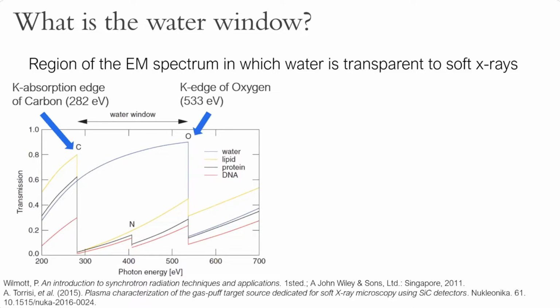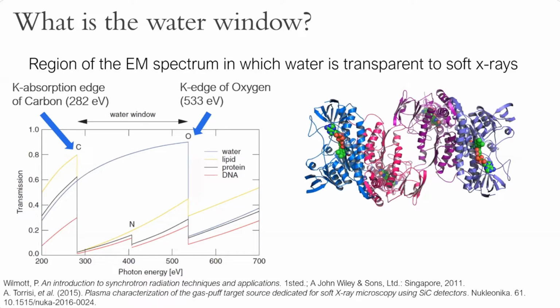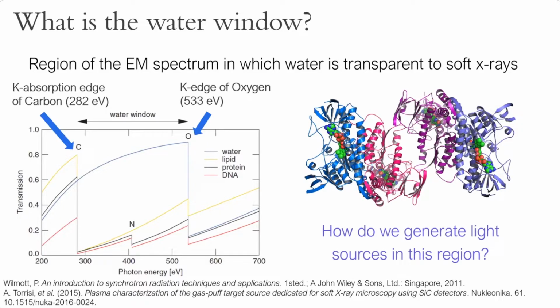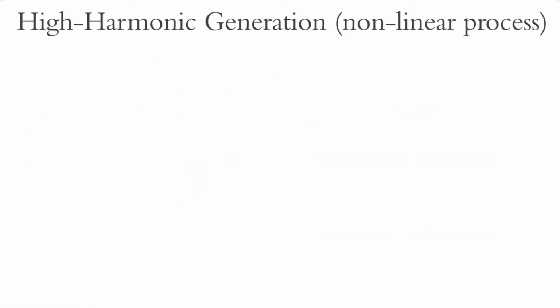And it's in this region that proteins and lipids are more opaque than water, so it allows us to more easily image these materials in their aqueous environments. And what we're trying to look at here is how do we generate light sources in this region efficiently. And one such way is high harmonic generation, which is a nonlinear process.